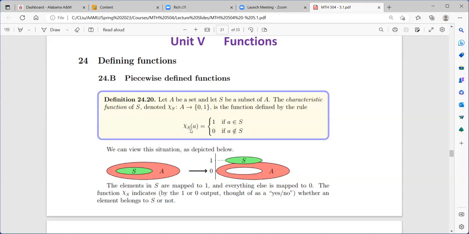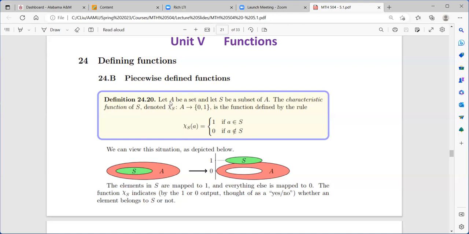So this function is denoted by chi sub S, to denote the characteristic function of the subset S. So chi of a is equal to 1 if a is in S, and is 0 if a is not in S. So that distinguishes the set S and the complement of it.